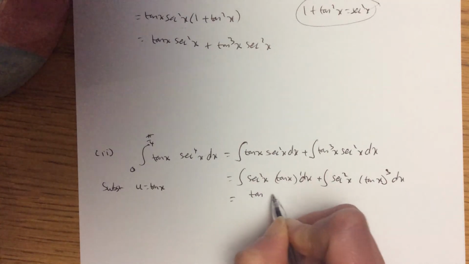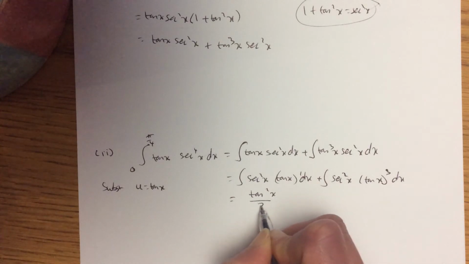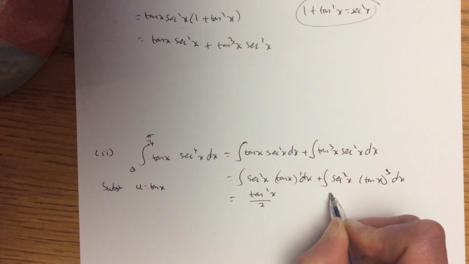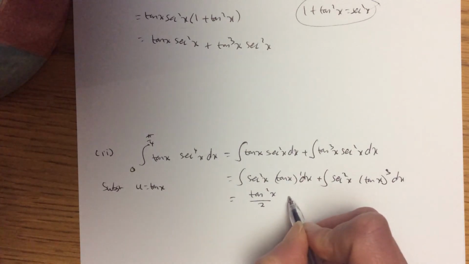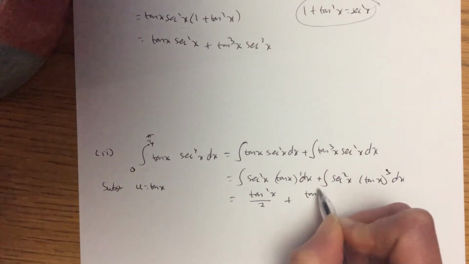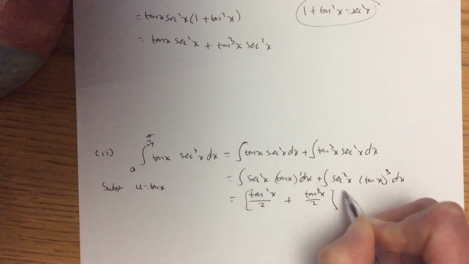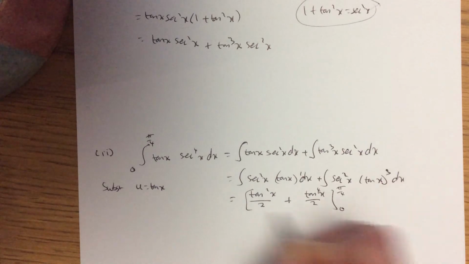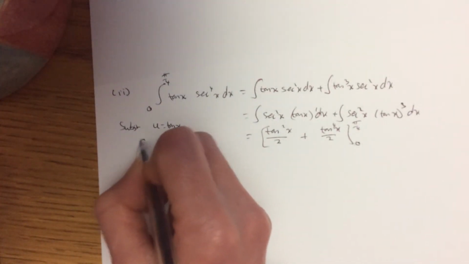So it's tan squared x, and you divide by it. Oh, I just checked and I want you to use a substitution. I'll finish off this way here: add 1 to the power, divide by it, and plug in your values. But they are specifically asking you to use substitution, which is a bit of a pain. But anyway, we'll just go through it.